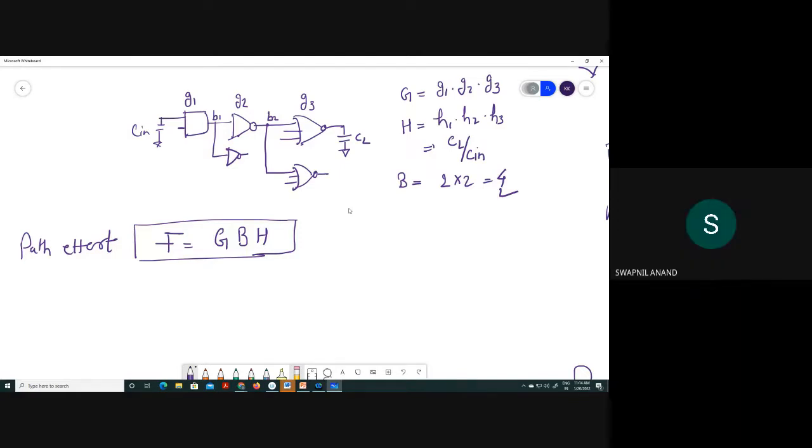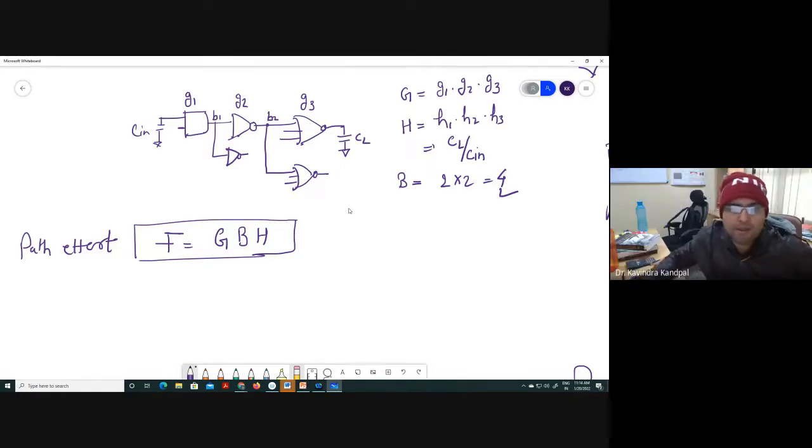Yes, sir. Now, I told you that the problem here is a problem of optimization: how you should be sizing the W by L of this particular NAND gate, W by L of this particular NOT gate, W by L of this particular NOR gate, in such a way that ultimately the delay offered by this particular chain happens to be the least, right?